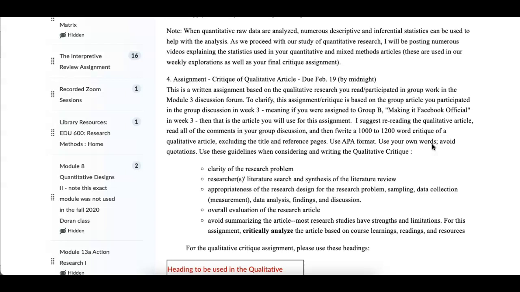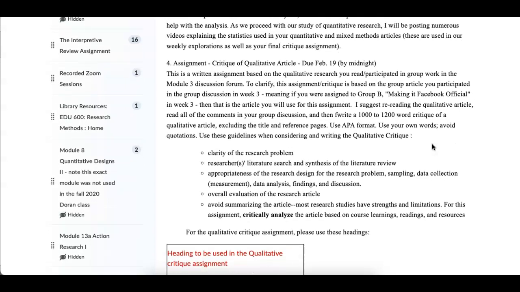But if you didn't write the data collection section, I really don't want anybody else copying and pasting that into your qualitative critique. This is your paper. This is not a group paper. This is your individual paper. So let's get right to it.